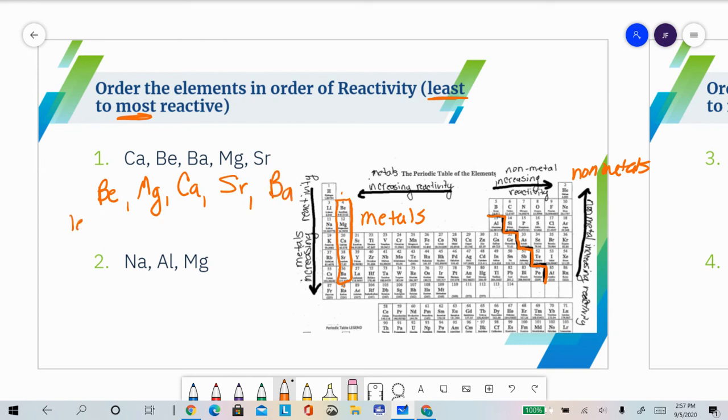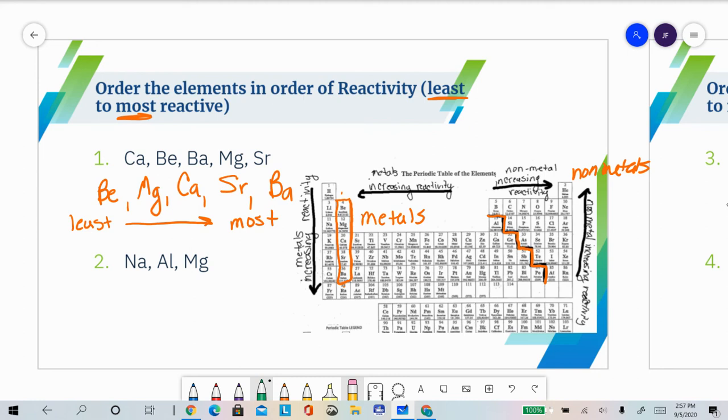So this is least reactive to most reactive. And again, that is because we have more electron shells, and so the electrons will more easily be lost from barium because it doesn't have as strong of an attraction to the nucleus.